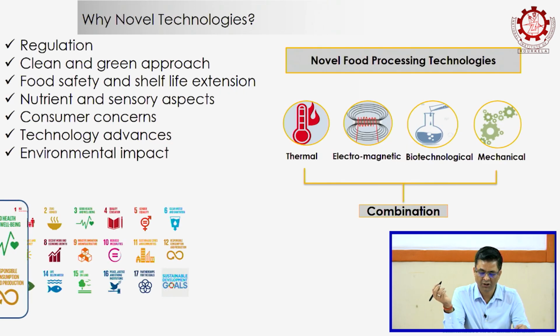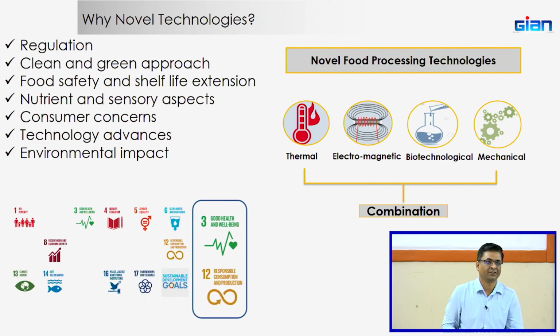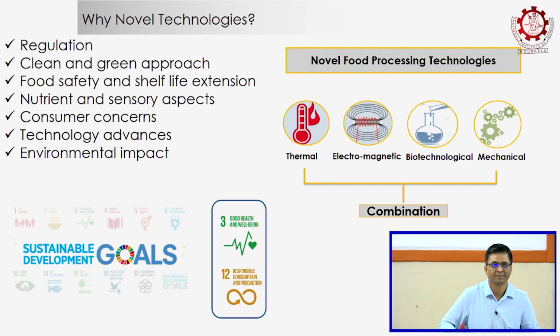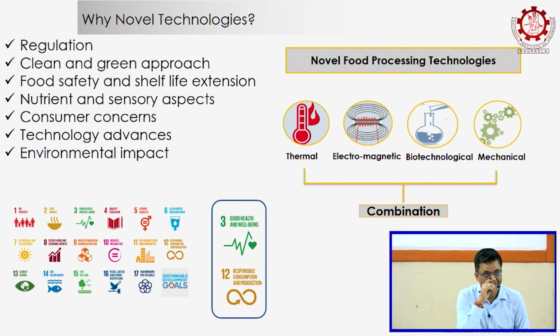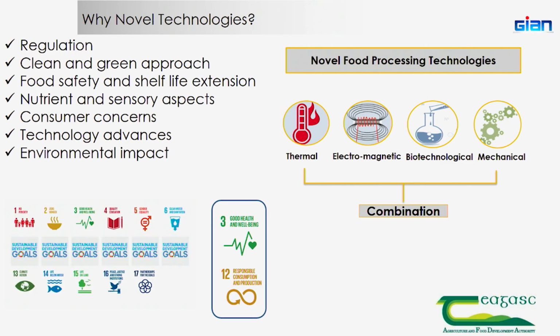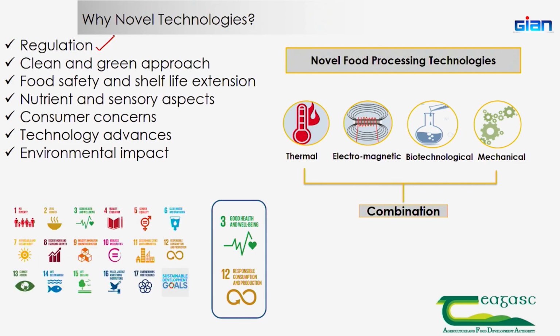So, if there is no question, now I have a question: why do we need new technologies? And how do we classify technologies? First and foremost condition is regulation. Yeah?